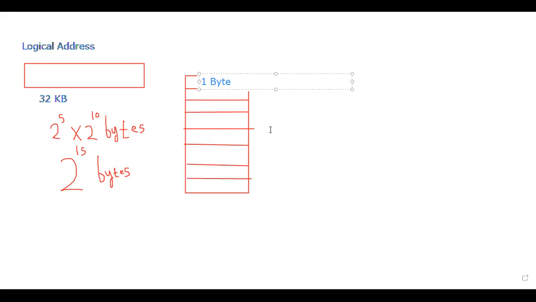How many bits will be required to address these 8 locations? 3 bits. Why 3 bits? Because 2 to the power 3 is 8. So if there are 8 addresses, 3 bits are required.